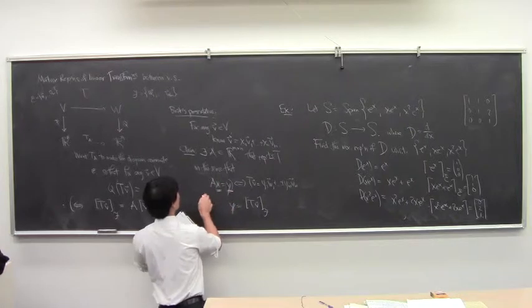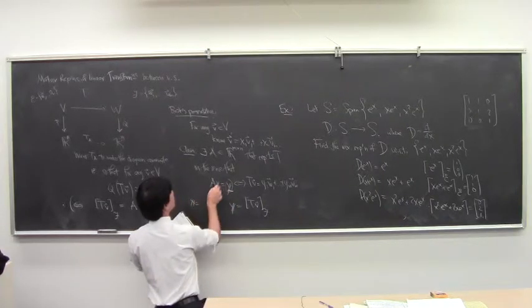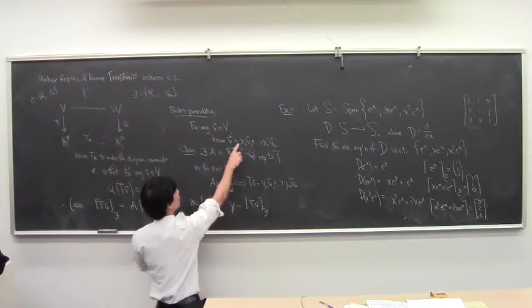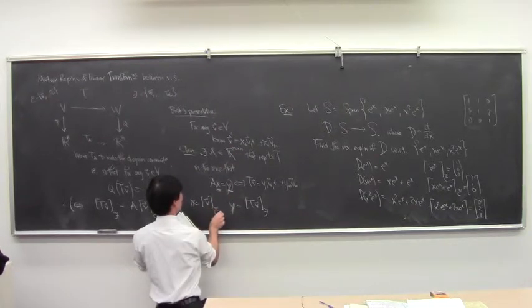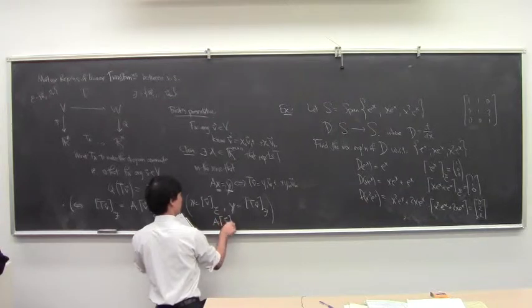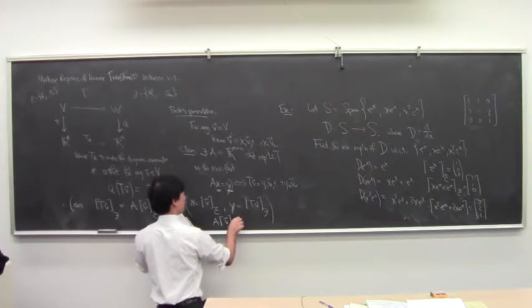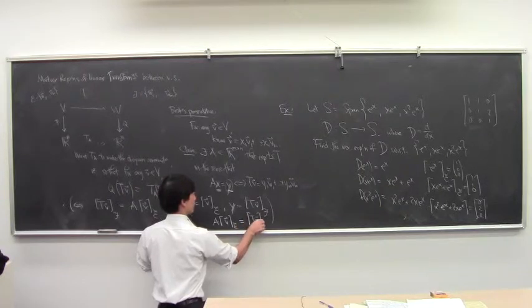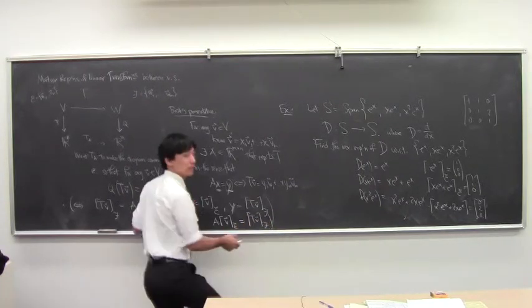And what's x? X is the coordinate vector of v with respect to the E basis, right? So what they're saying is that A times the coordinate vector of v with respect to the E basis equals the coordinate vector of Tv with respect to the F basis, right? Which is the same thing.